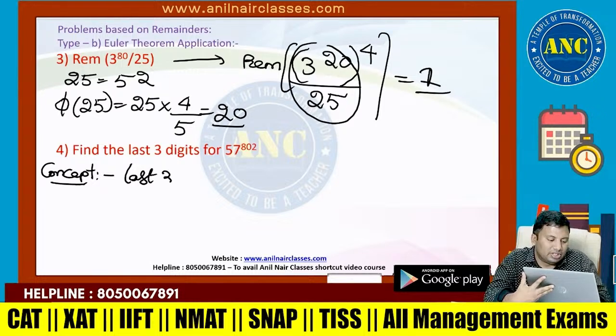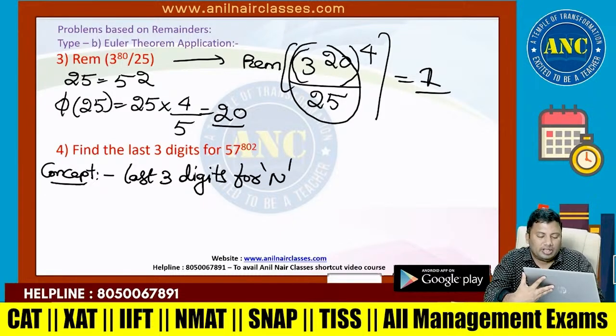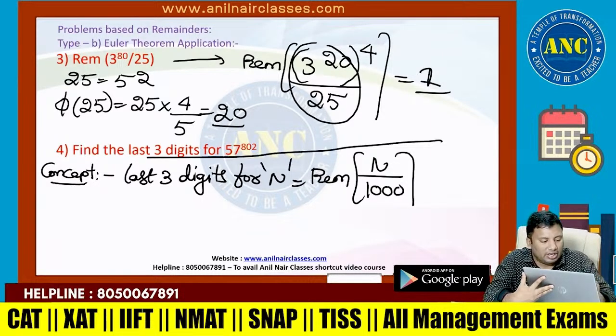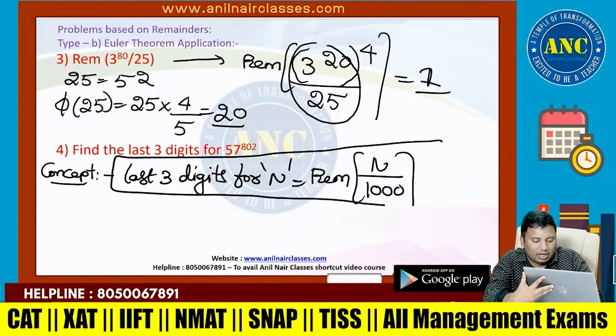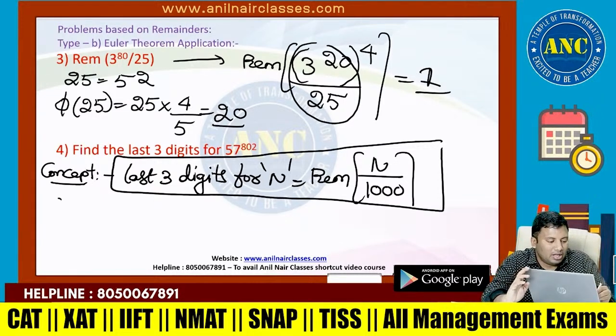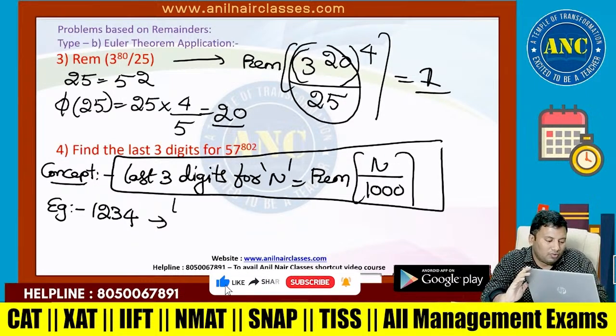The last 3 digits of any number is nothing but the remainder when I divide the number by 1000. If you divide a number by 1000, you get the last 3 digits.